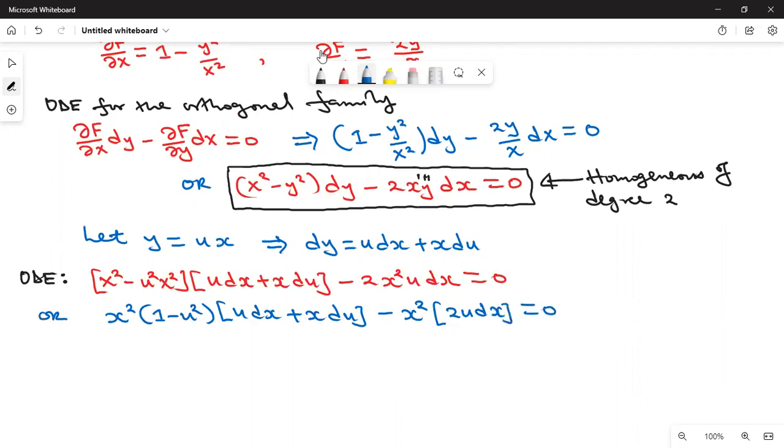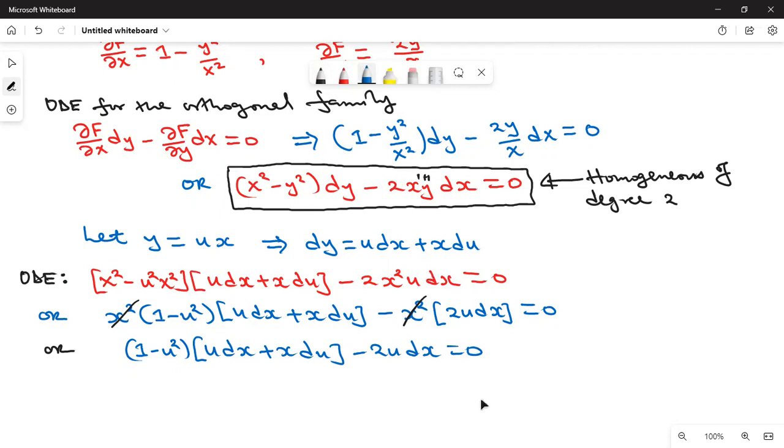So when I divide through by x squared, this will cancel with this. And now we'll have 1 minus u squared times u dx plus x du, then minus 2u dx is equal to 0.